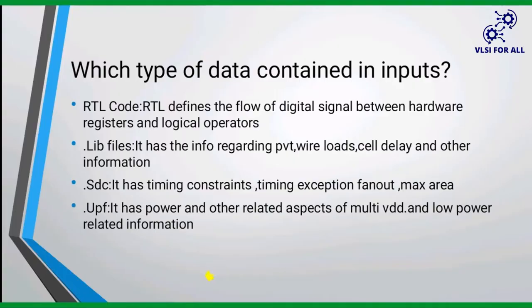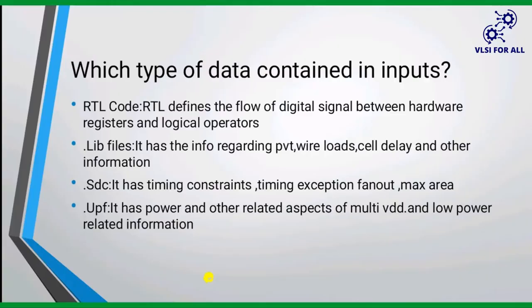So first, what does RTL contain? RTL contains digital signals, registers, gates, all the information. Next, what do library files contain? Info regarding PVT, cells, cell delay, and other information. What does SDC contain? Timing constraints, timing exceptions, fanout, maximum area, everything comes under SDC.